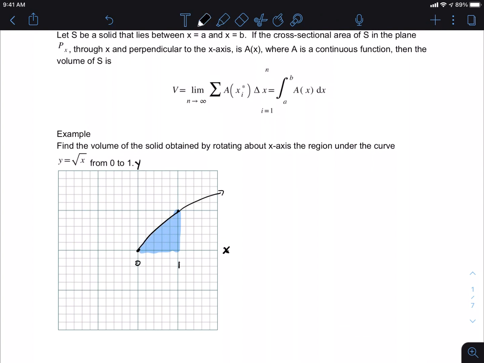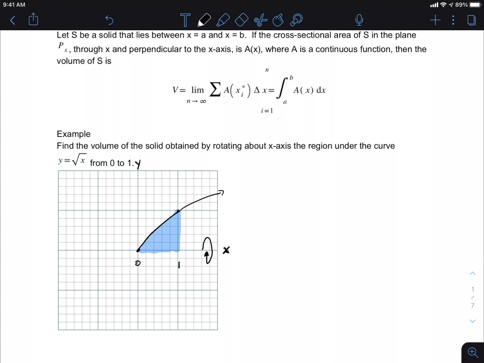Now, what's happening in this problem, look at what it's saying. It's saying find the volume of the solid that's obtained by rotating about what? The x-axis. So we're going to take this area and rotate it about the x-axis.